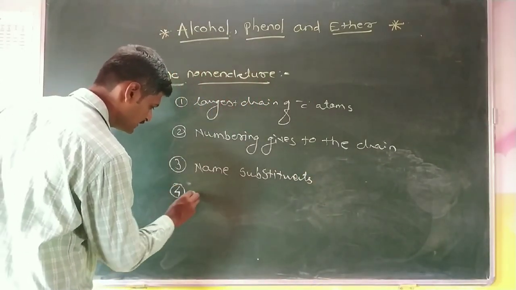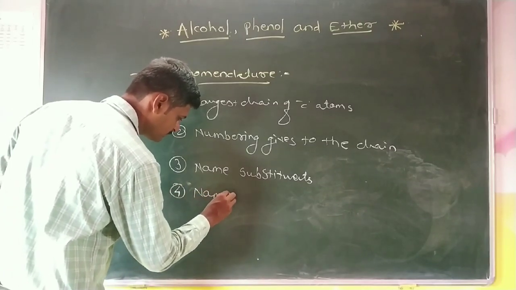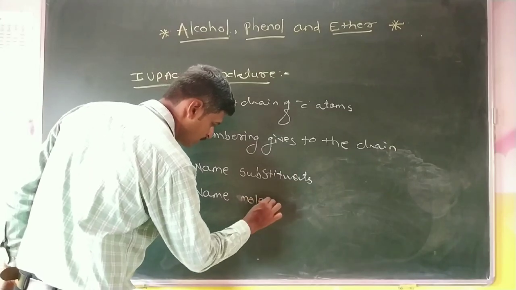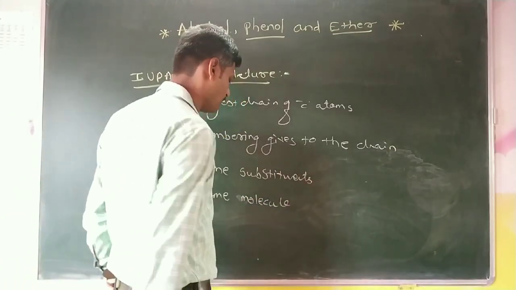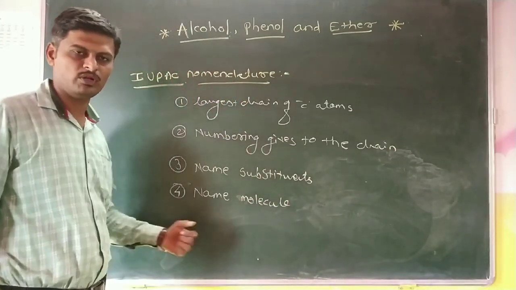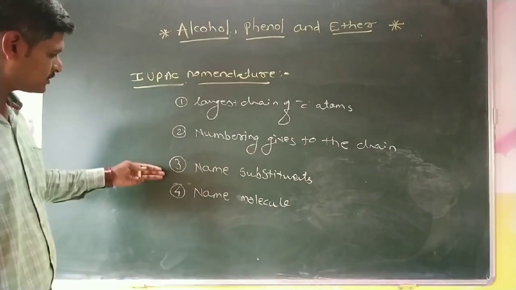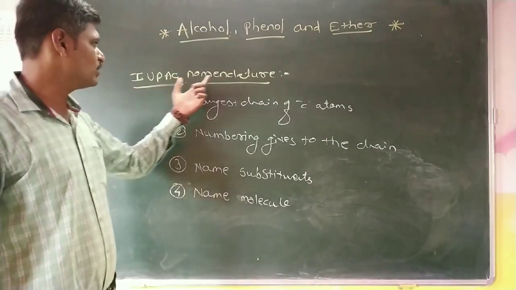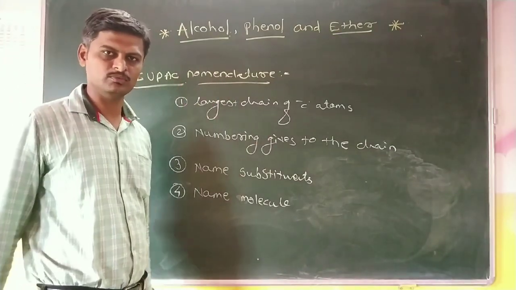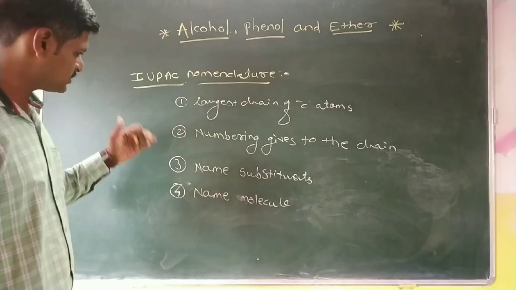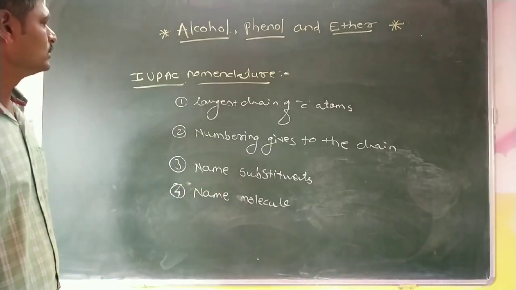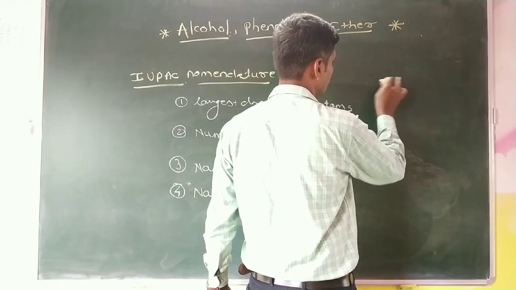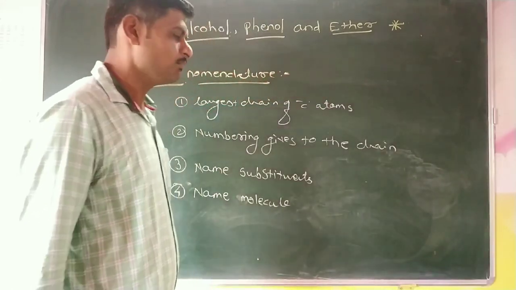And the fourth one is the name of the compound or name of the molecule. These main four steps we can use to determine the IUPAC nomenclature of alcohol. By using these four steps, we can write the IUPAC nomenclature of alcohol.